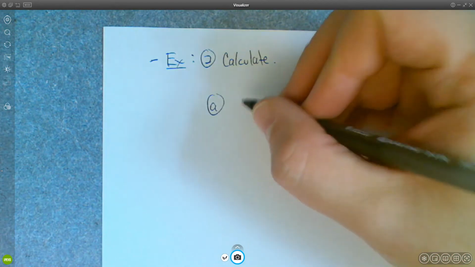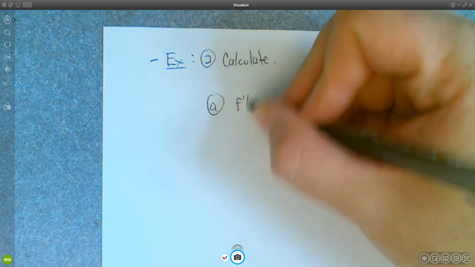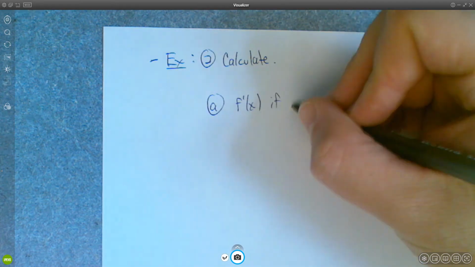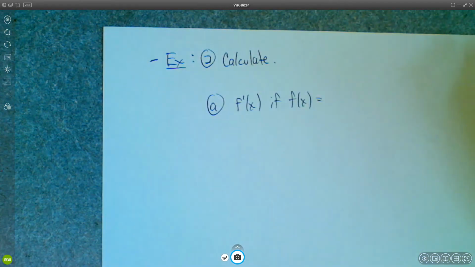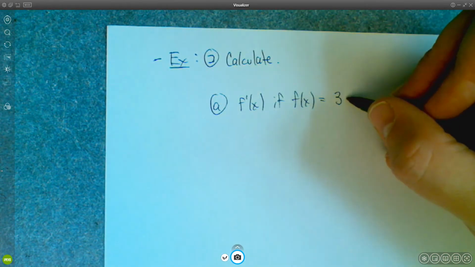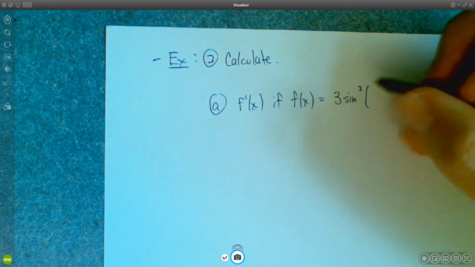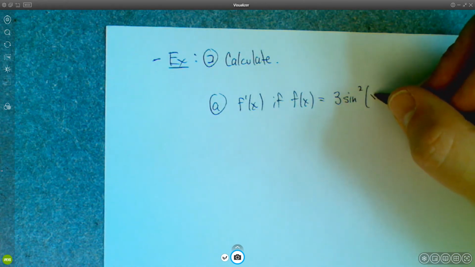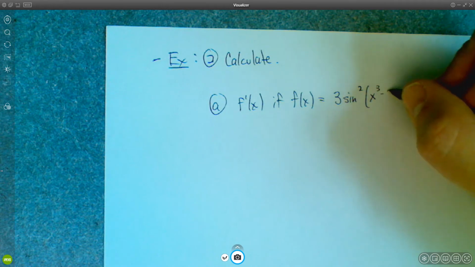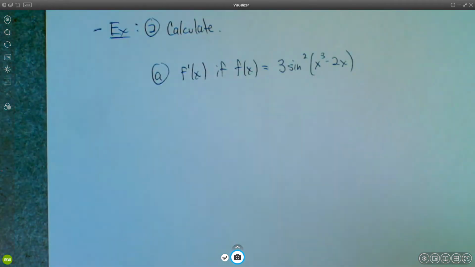So let's say we want to calculate f prime of x if f of x is 3 times sine squared of x cubed minus 2x. I don't know, something like that. I'm just making this up off the top of my head.